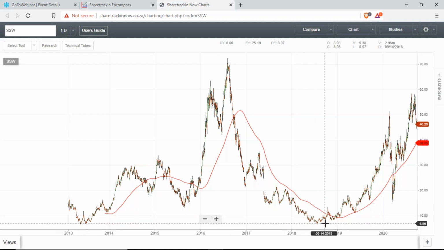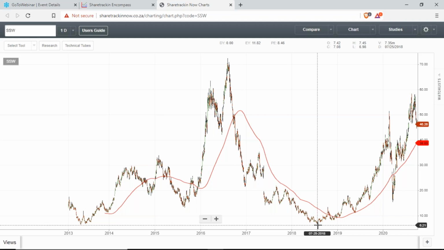If I look here, since roughly about 25 July 2018, this share has been climbing. In other words, it's a good share to look at.